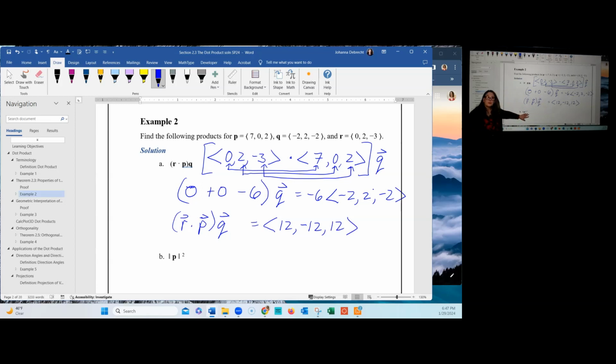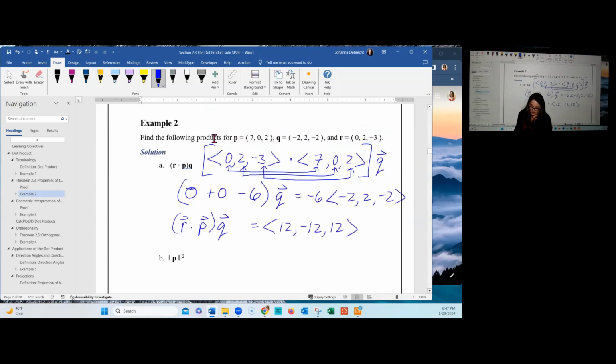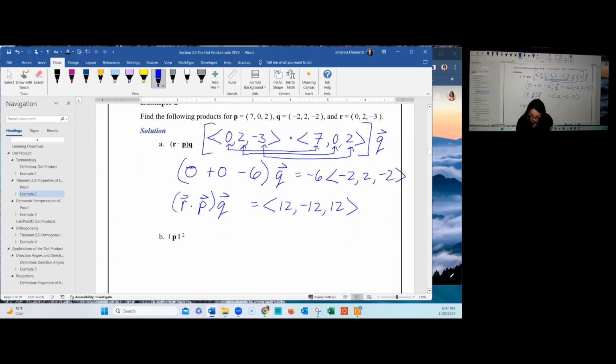Let's now go ahead and compute the magnitude of p squared. So the magnitude of p squared is just p dotted with p. Let me scroll up a little bit. So I've got p dotted with p, which is the magnitude of p squared.